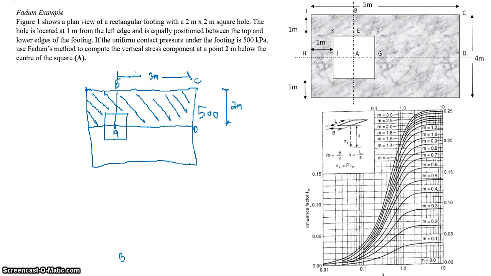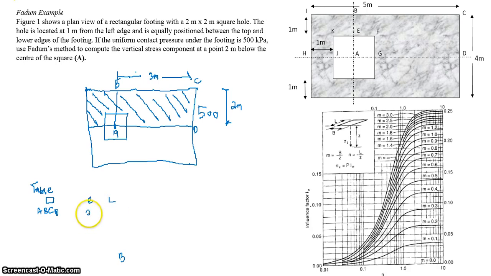So actually we can start to build a table to define the influence factor much more easily. So first is for the square ABCD. What is B? What is L?